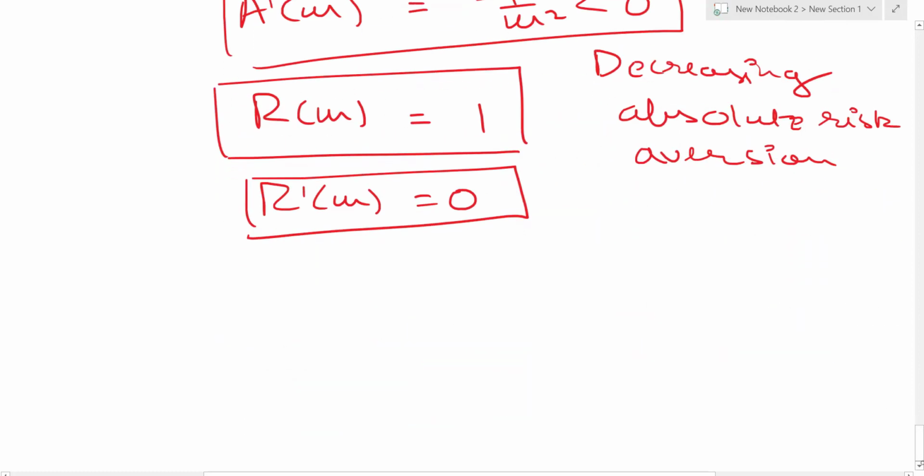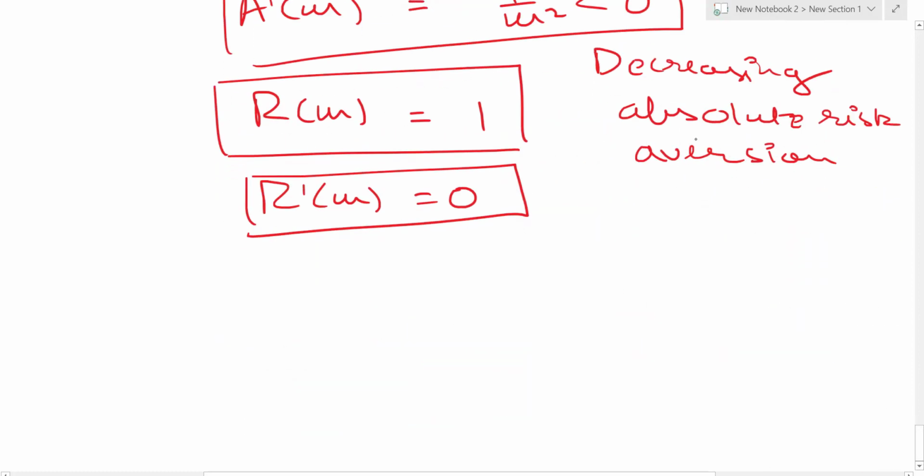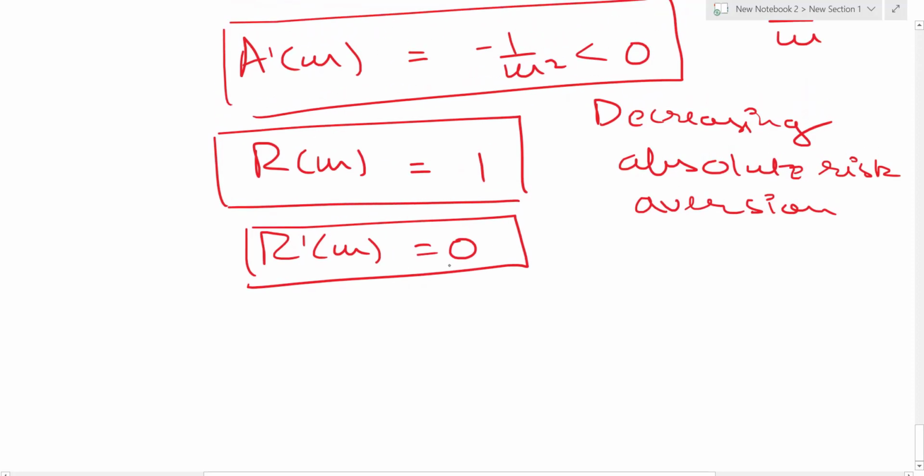Very rich people tend to keep more of their wealth in risky assets. So as they grow richer, their risk appetite in absolute terms, the amount of money they want to put into risky assets, increases. So this is very logical. And here you have got a constant relative risk aversion, because this is a function of the CRRA form.